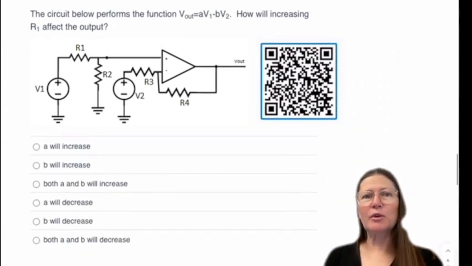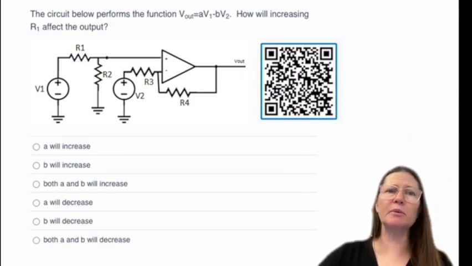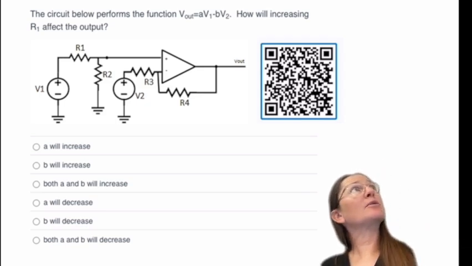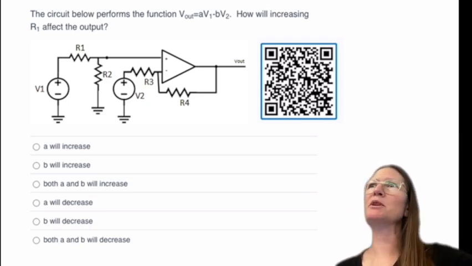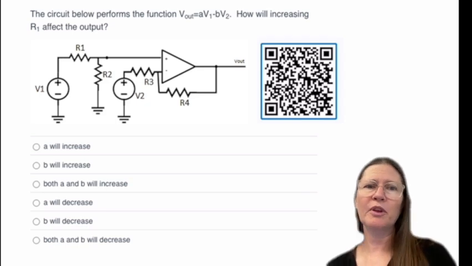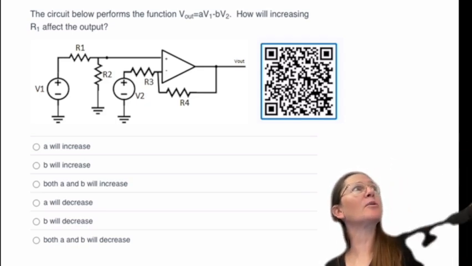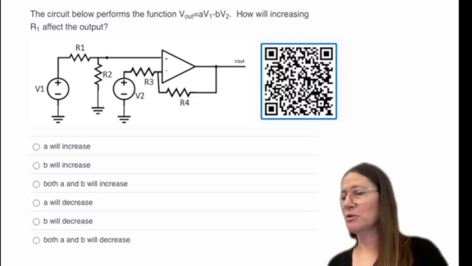Okay, so let's look at this first example. The circuit below performs the function V out is equal to some number A times V1 minus some number B times V2. If you changed R1, how will increasing it change either A or B, or not change it?